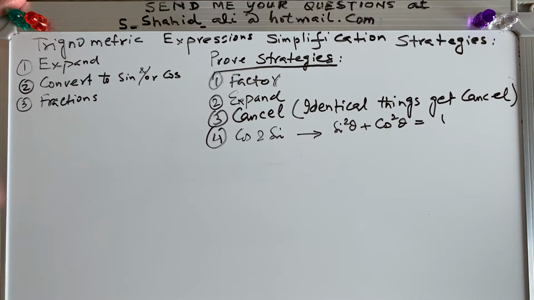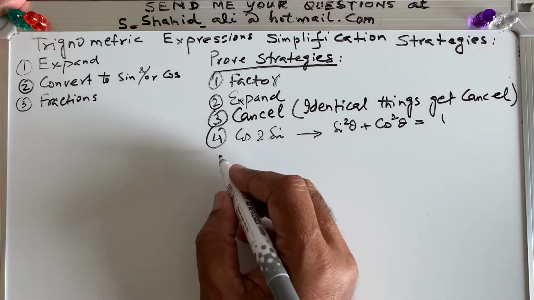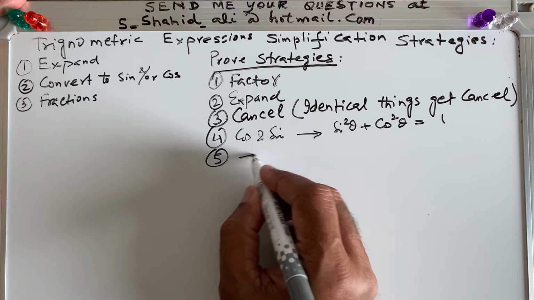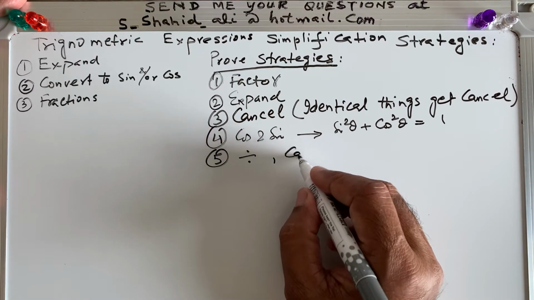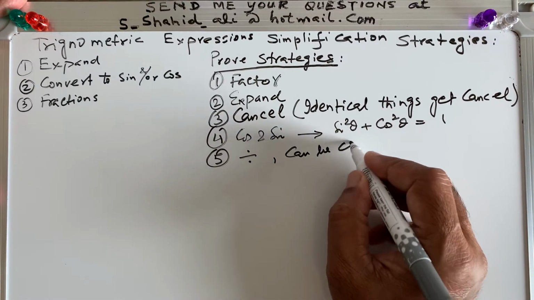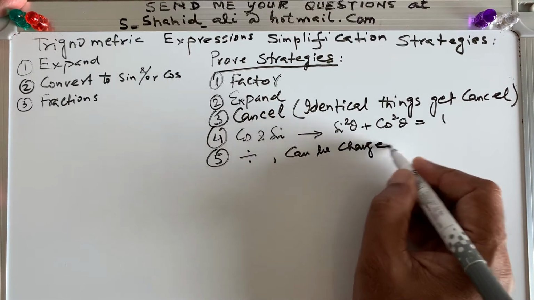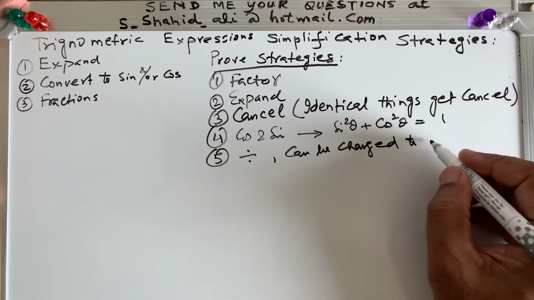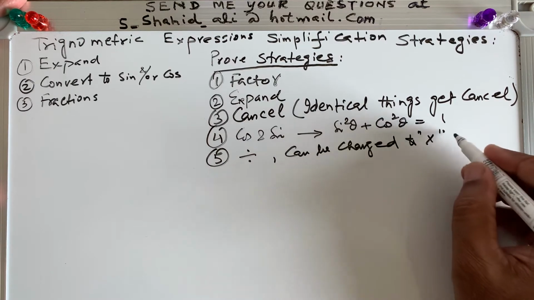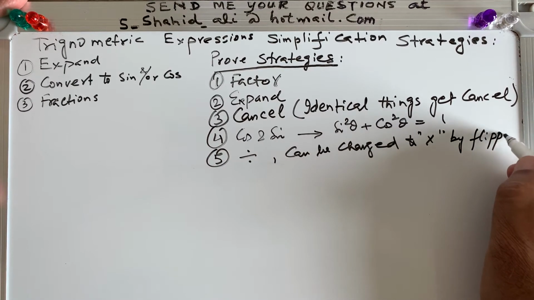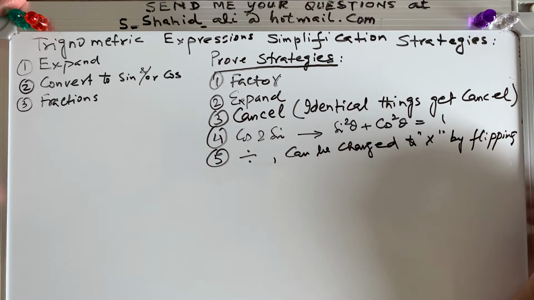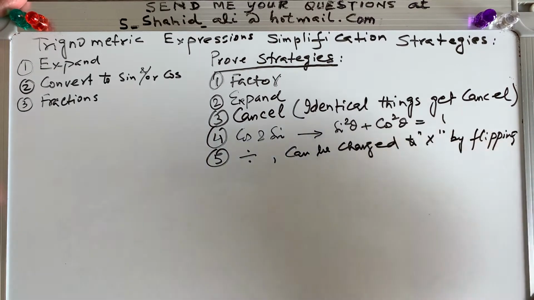And then we make use of division when the given expression is a fraction. If a certain thing is in division, we know that division can be changed to multiplication by flipping. So we have to make use of all of these things while solving the trigonometric identities.